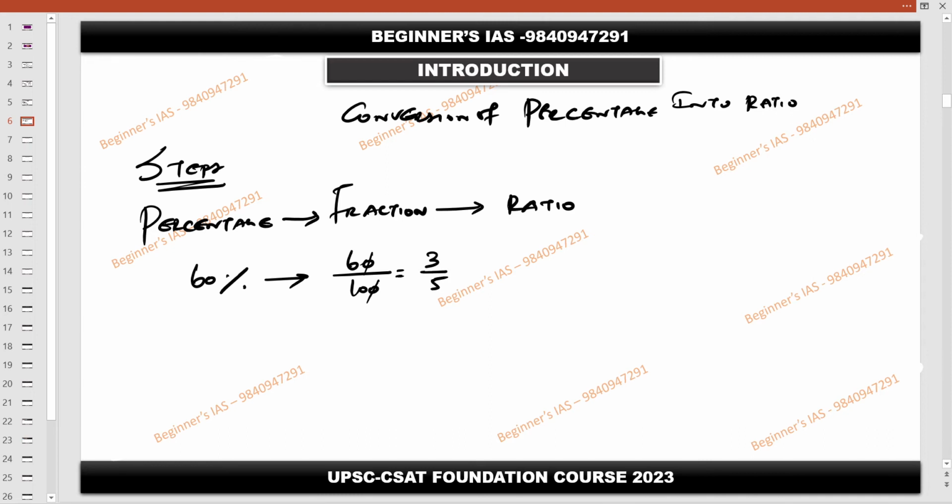After converting this, you can write it as a ratio. The ratio is nothing but A is to B form. So therefore 3 is to 5. Everyone understood how to convert a percentage into ratio? Yes, sir. Fine.